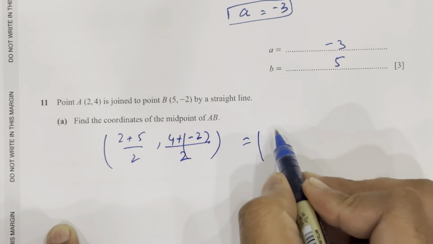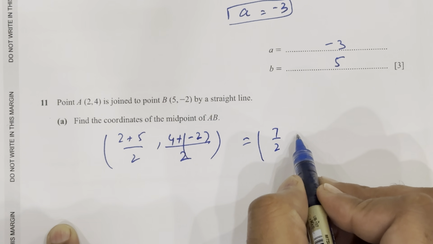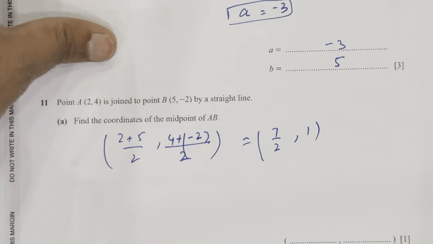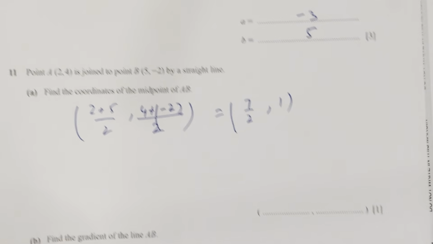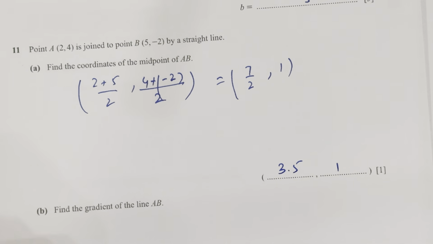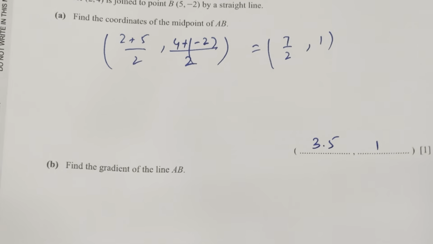You get the answer 7 by 2 and 2 by 2, which is equal to 1. So our coordinate would be 7 by 2, or you can write 3.5 and 1. Both answers would be considered correct. Either you can write the fraction or you can write the decimal.